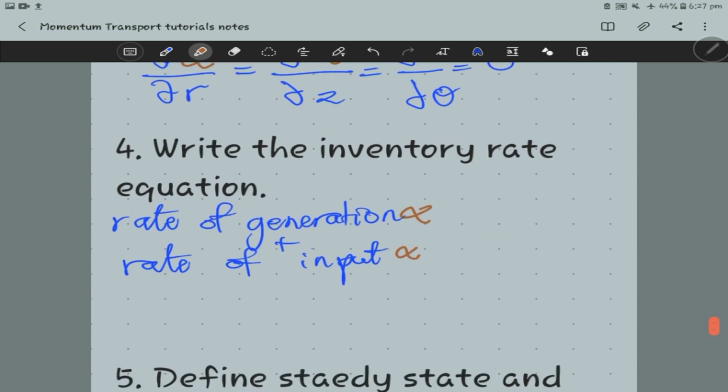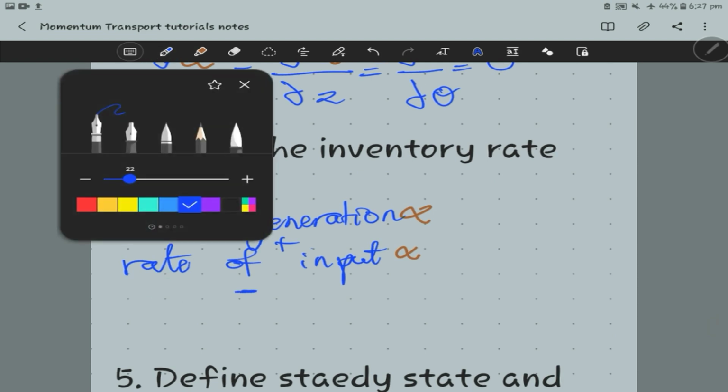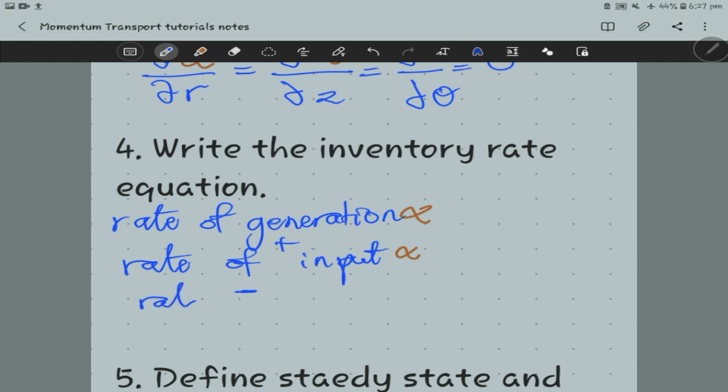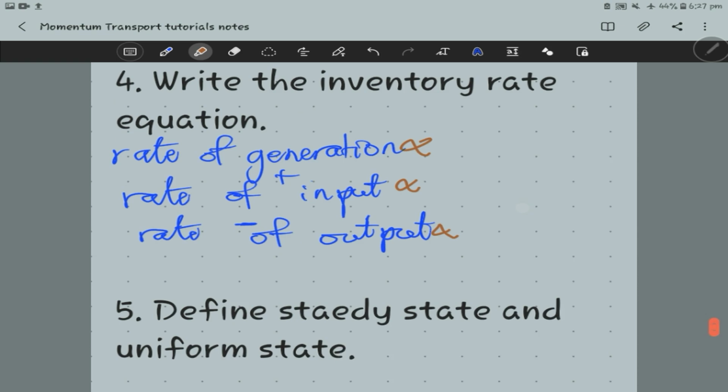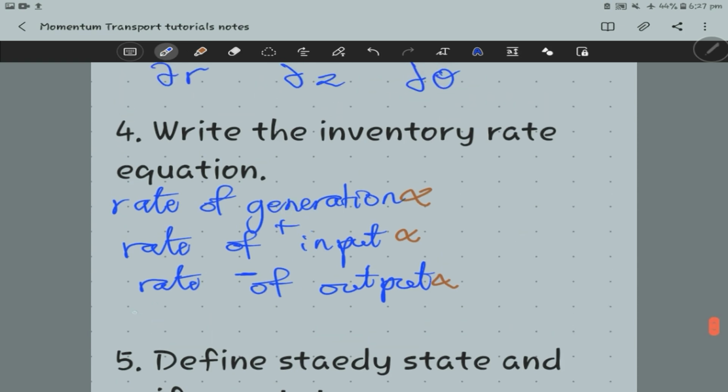And then we have a minus, that's the rate of output of the conserved quantity, and all this equals the rate of accumulation.